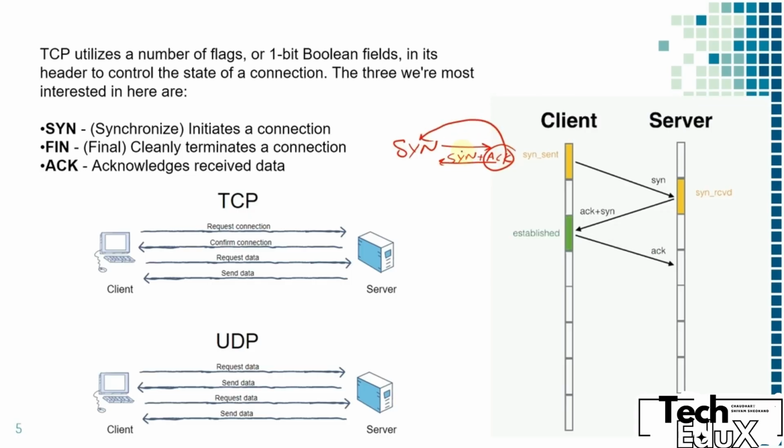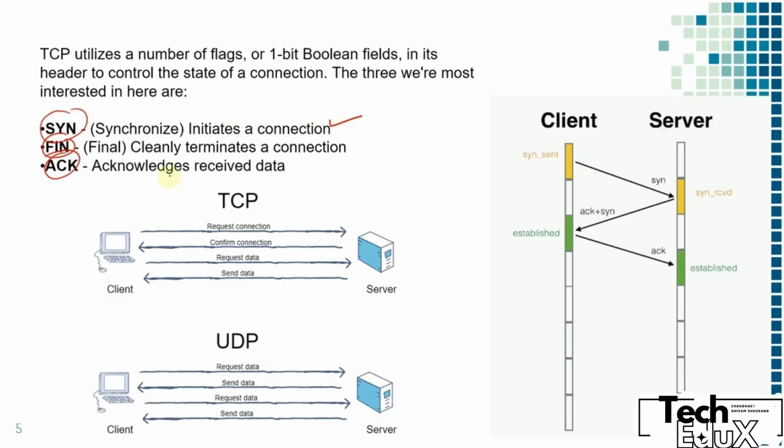Similarly, the server is going to reply back with an acknowledgement plus SYN. Not only does the client want to communicate with the server, but the server also sends a synchronization back saying that it also wants to talk to the client. Then the establishment will happen.